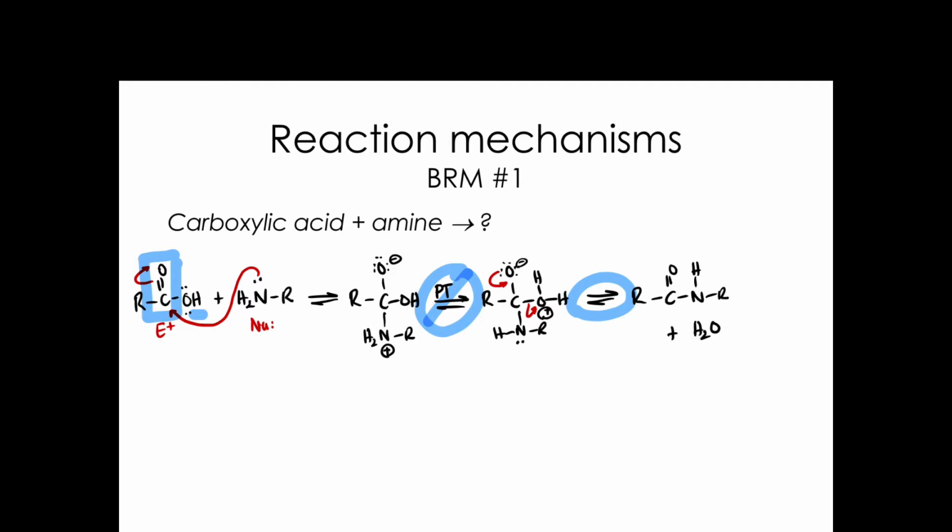I do want you to use solvent to show the movement of protons, such that we see the deprotonation of our amine functional group to generate the neutral amine, and then the protonation of that hydroxyl group to make the better leaving group in water.